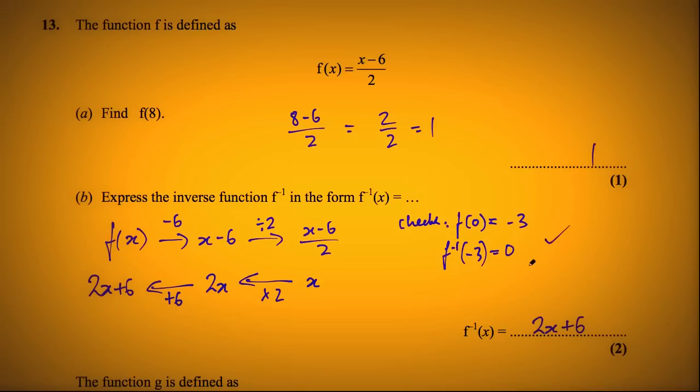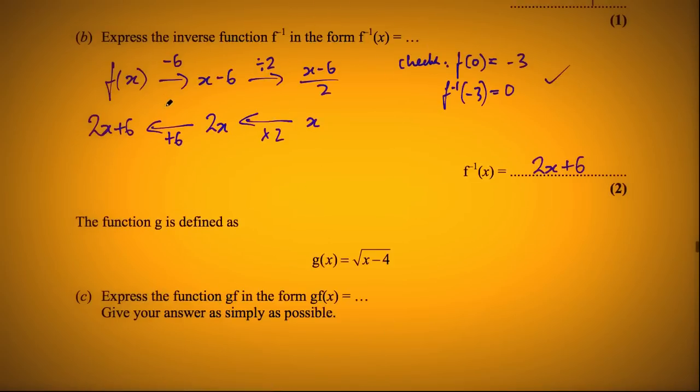My inverse function leads me back to the original input. I could have also tested that with this here. If I put 1 into this, 2 times 1 is 2, plus 6 gets me to 8, which is what I put into that one. So that's a good check that you've got your inverse function correct.